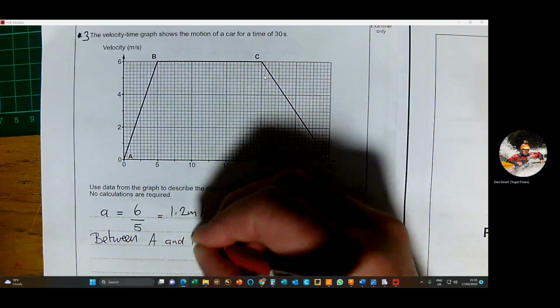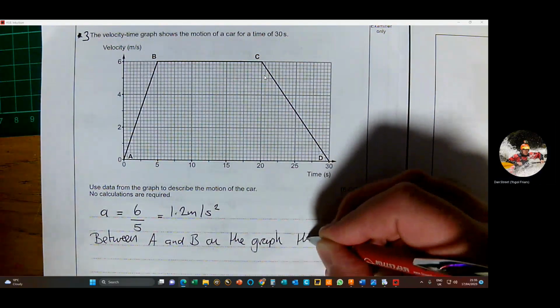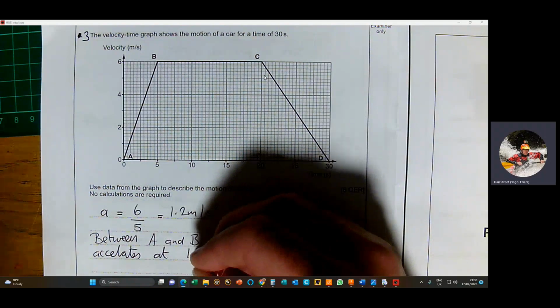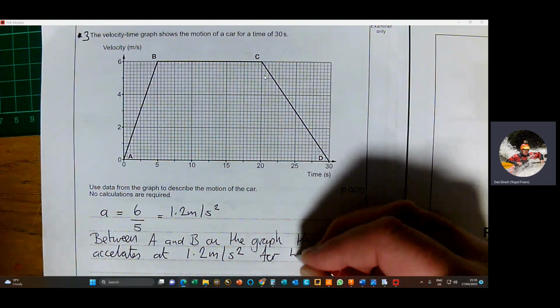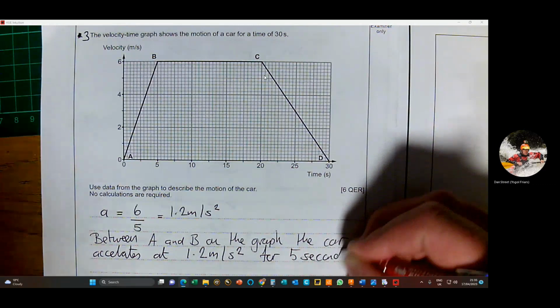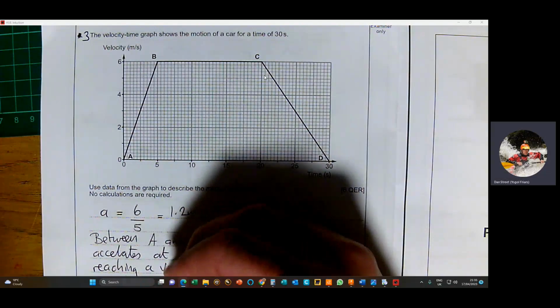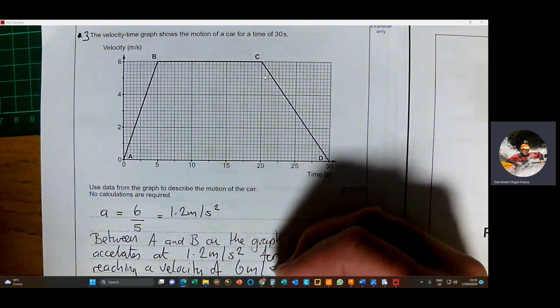So between A and B on the graph, the car accelerates at 1.2 meters per second squared for 5 seconds, reaching a velocity of 6 meters per second.